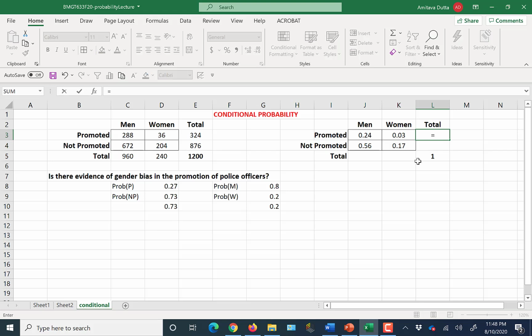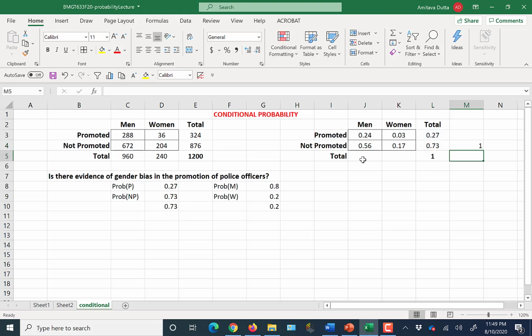So it's equal to 324 divided by 1200. Do you see this 0.27 is what we had gotten here? This is the probability of being promoted regardless of gender. Same thing over here: 876 divided by 1200 is 0.73. And if I add these two numbers, this plus this, it should add to 1.